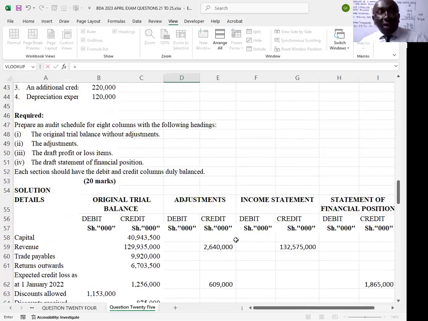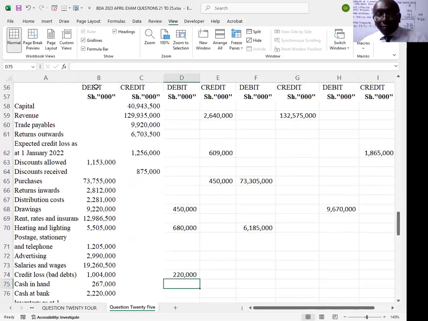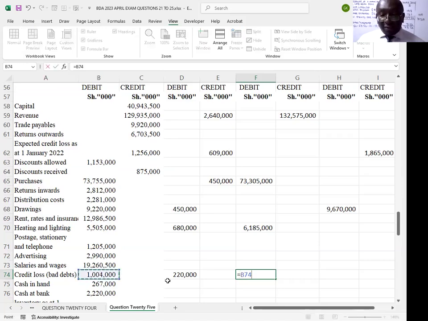We increase it by this amount, 220. And when we increase it, we take it now to the income statement as a debit. The new amount should go to the income statement as this 1,004,000 plus this one. So tell me the answer.